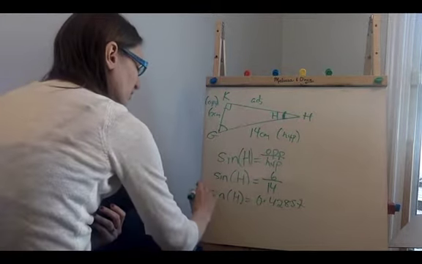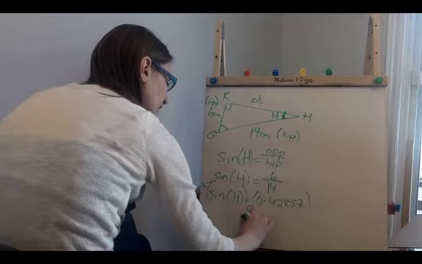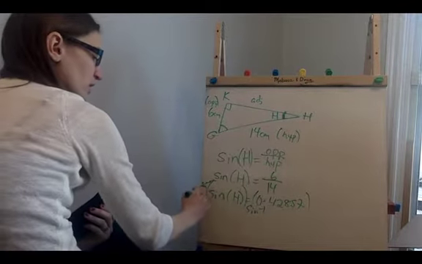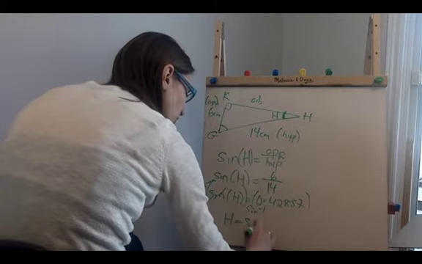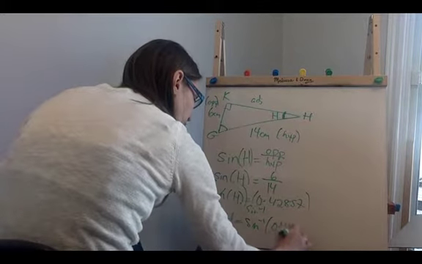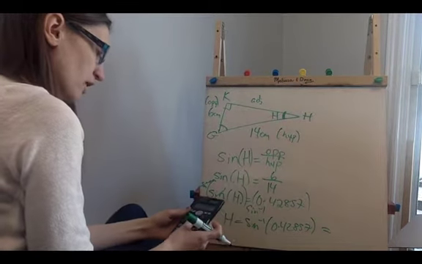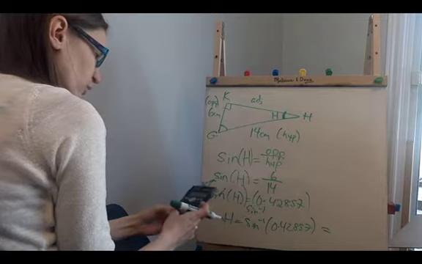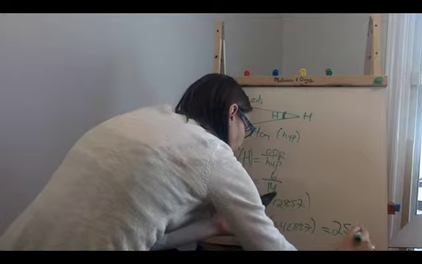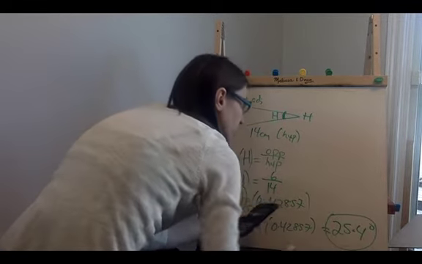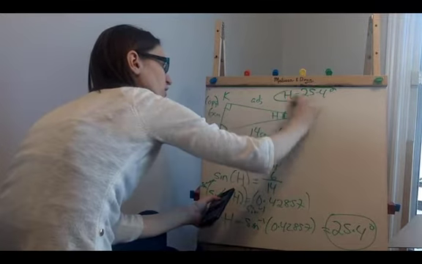By taking the sine inverse of this side and then the sine inverse of this side, the sine inverse and the sine cancel each other out, leaving you with just H. So H is equal to the sine inverse of 0.42857, and you just do that on your calculator. Sine inverse of 0.42857, and you get a value of 25.4 degrees. So now I know that angle H is 25.4 degrees.